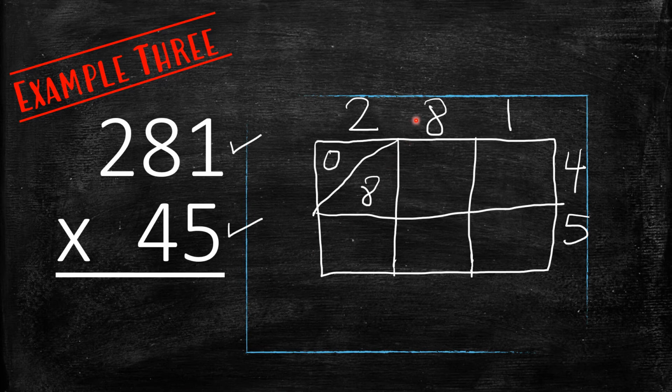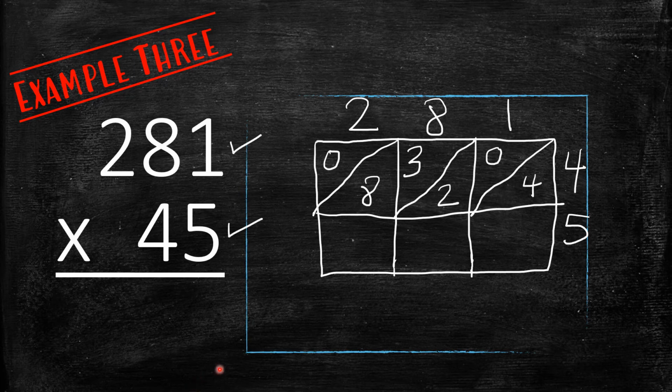Then I look, 8 times 4, because those two numbers meet up, is 32. I'm going to draw out my diagonal line and write 3, 2. My next is 1 times 4, which is 4. And I'm going to draw my diagonal line, and I'm going to do 0, 4.